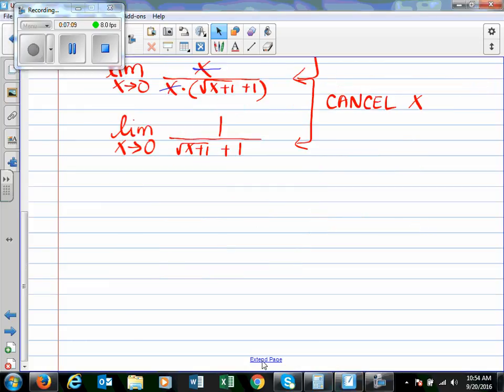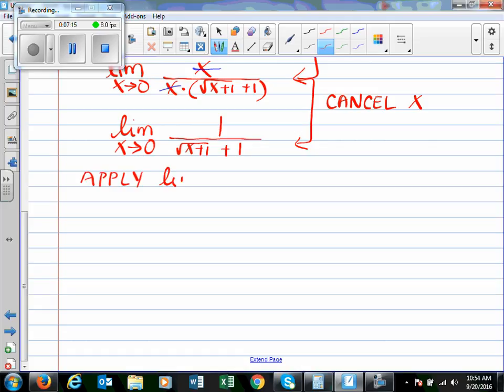At this point, you've simplified it, and you're going to apply the limit as x approaches 0, which means apply x equals 0. And then you get 1 divided by the square root of 0 plus 1, which is 1 plus 1, which is 1/2.